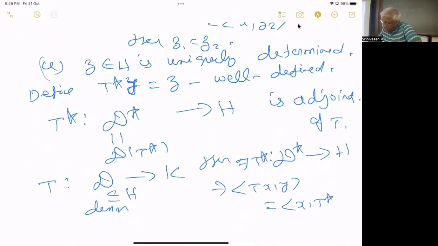This is the Z here. So T star of Y. The same condition which you have seen in the bounded case. So if T is densely defined, then there exists an adjoint operator. Then we want to see conditions later for when T star is also densely defined. That is the point of the rest of the class.